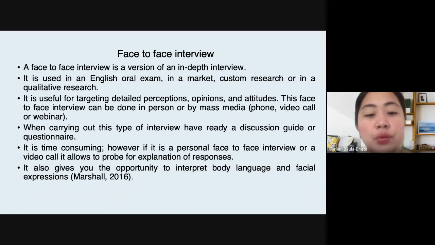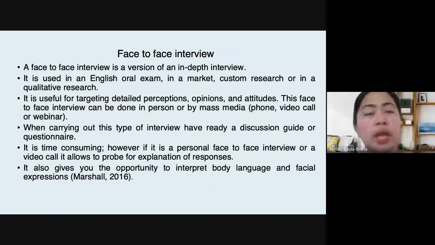That is why if we are going to have a qualitative research design, face-to-face interview is really suggested by the panel. So again, this can be done via phone, video call, webinar, or our Google Meet. When carrying out this type of interview, you have to have a discussion guide or questionnaire ready, so it is already established and validated before you conduct your interview.